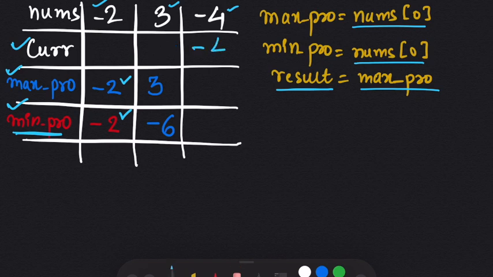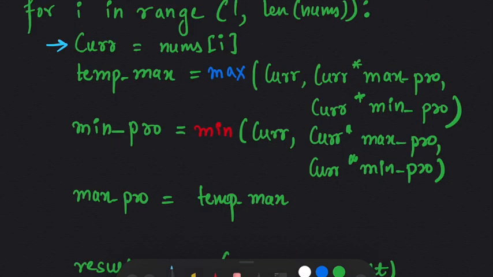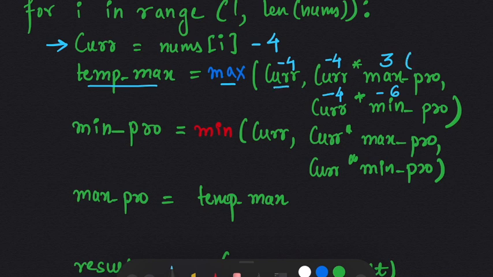My current is now at minus 4. So my current is now minus 4, and my temporary max is equal to max of current, which is minus 4, current into maximum product, which is minus 12, and current into minimum product, which was 24. So my temporary max now becomes maximum of minus 4, minus 12, and 24.